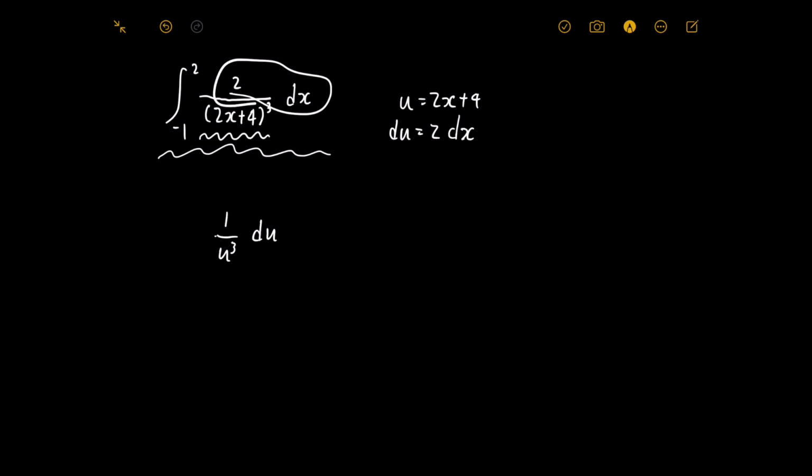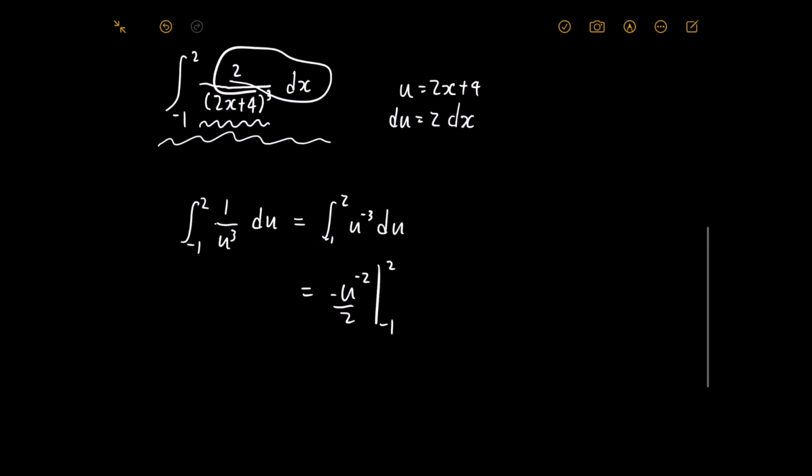U cubed. So this is equal to u to the negative third power. This is again equal to negative 1 over 2 u squared, from negative 1 to 2.